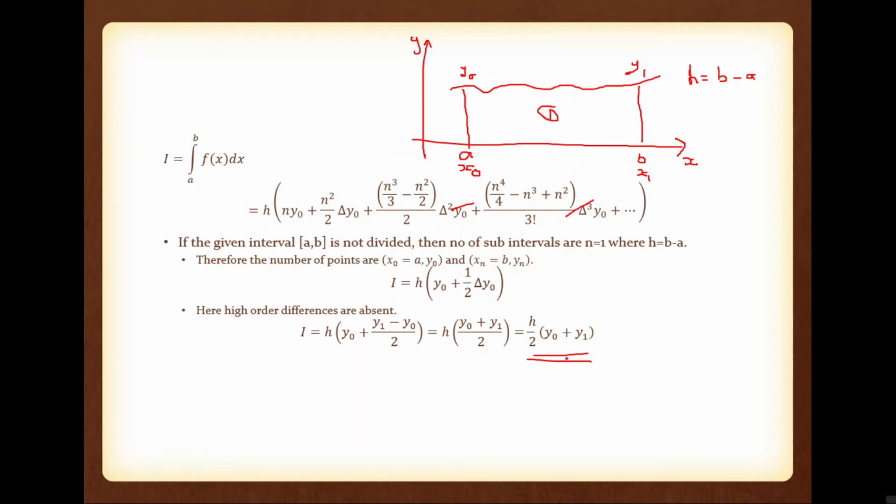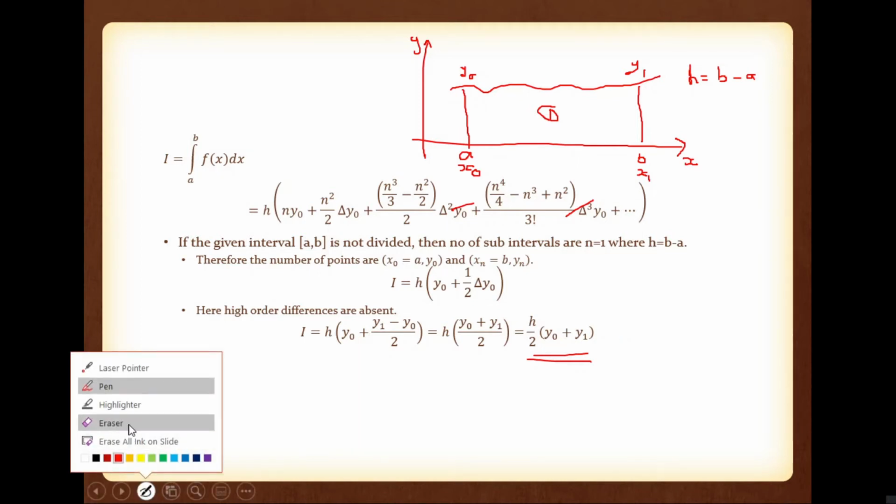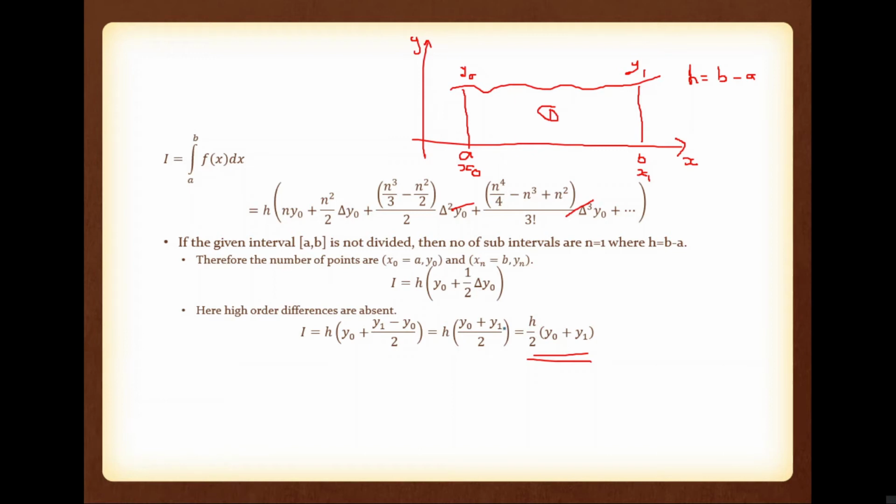Means if we are not dividing the given interval, this is the integration. I is equal to h by 2 into y0 plus y1. You can see that this length is y0, this length is y1, and what is h? B minus a. So this is h.